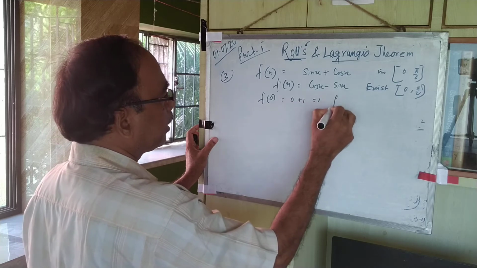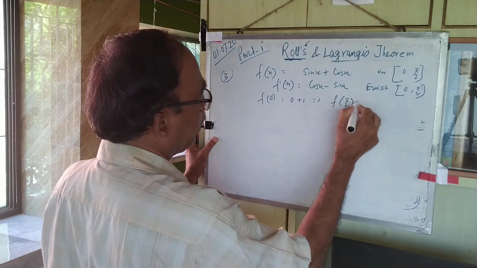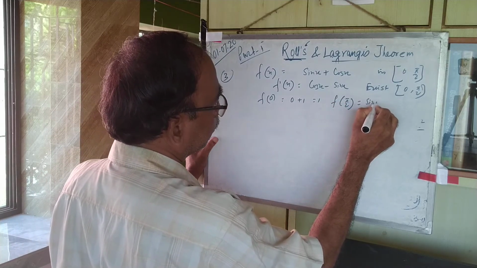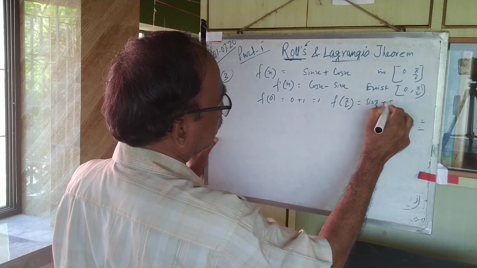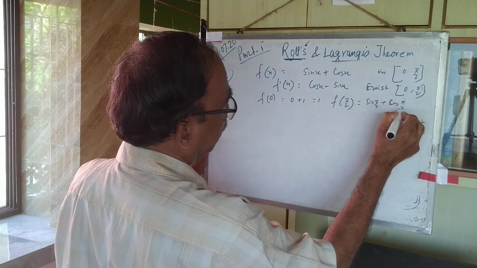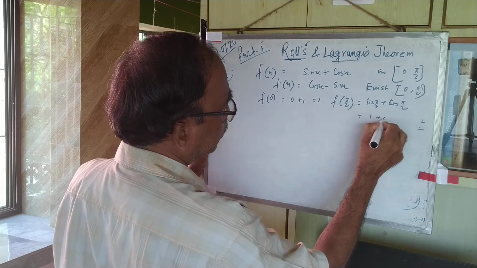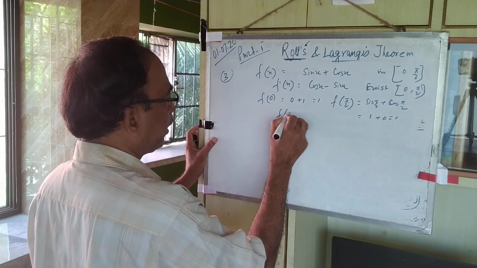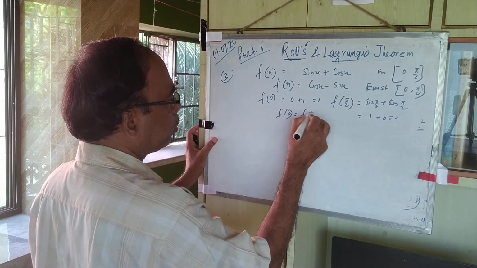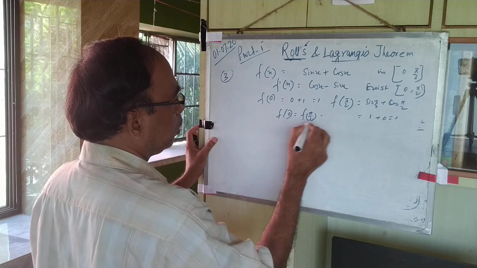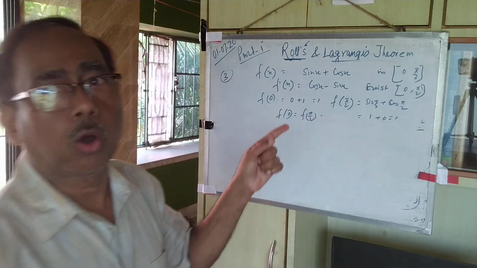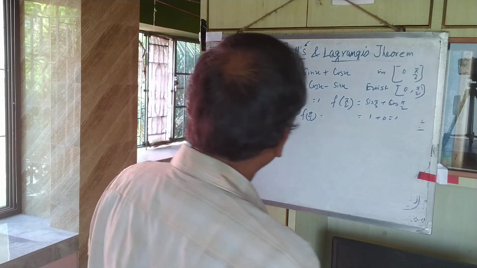And f(pi by 2) equals sin pi by 2 plus cos pi by 2, sin 90 is 1 plus 0, that is 1. Therefore, f(0) equals f(pi by 2). Therefore, the 3 conditions of Rolle's theorem are satisfied.